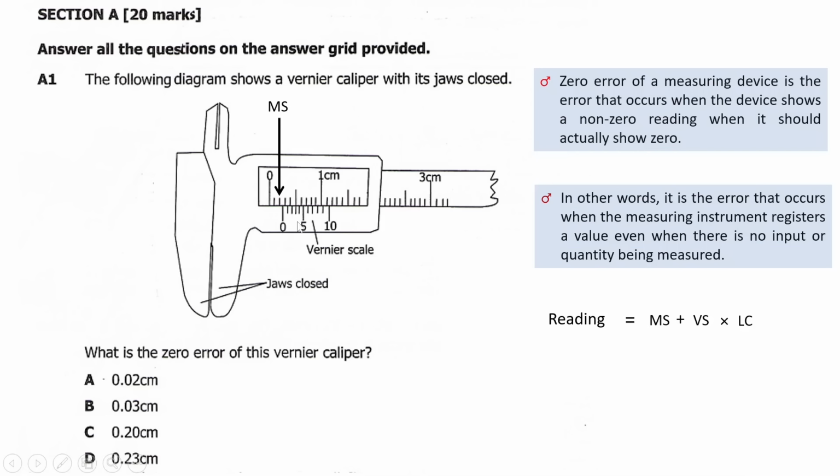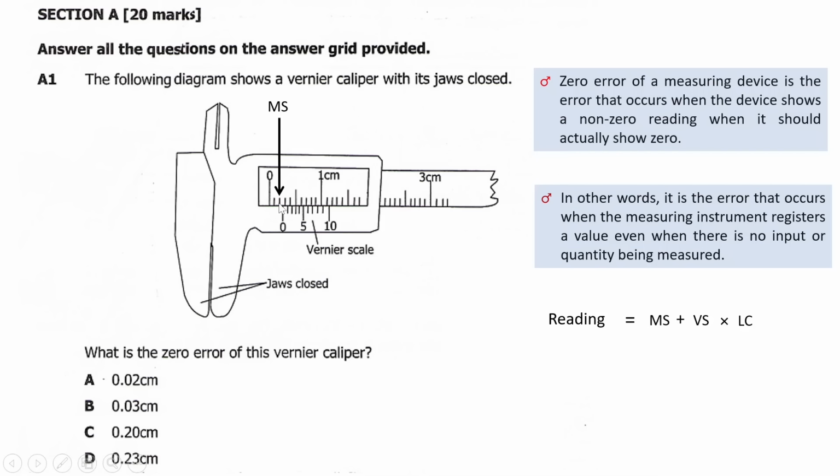So when reading the main scale here, you read a value or a mark that occurs before the 0 mark on the vernier scale. So you start from 0, you read going this way until you find this mark which comes before the 0 on the vernier scale. This is the 0 on the vernier scale, but this is the mark here which has appeared before this 0 here.